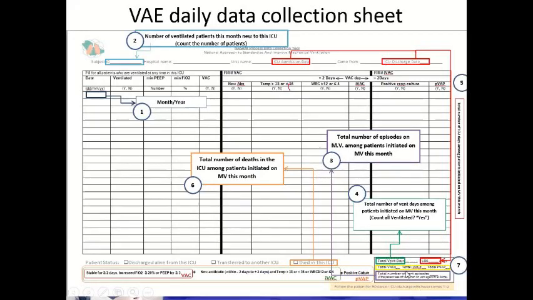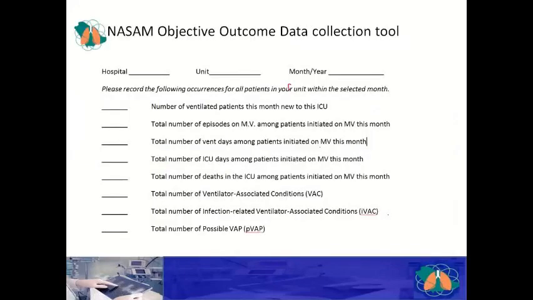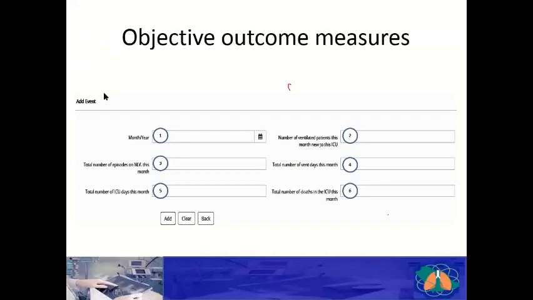The total number of vent days is exactly the total number of yes in all of the forms for the patients that were initiated on mechanical ventilation in that month, which is March in our example. ICU days is the length of stay for all patients, taken from admission and discharge for all forms during that month.